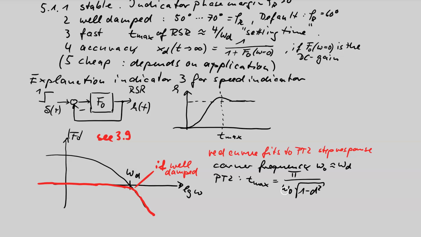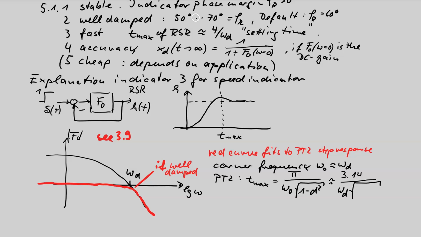This is really true, and the factor here, pi divided by square root of 1 minus d squared, can also be estimated with the following trick. We can say, okay, this is 3.14 and this is omega d, and how large is d?